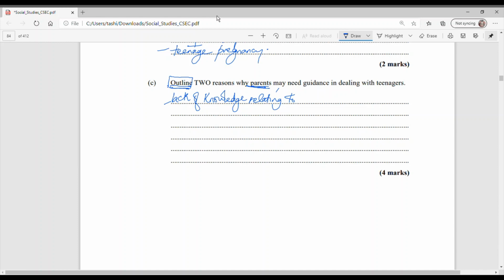So lack of knowledge relating to raising teenagers, or lack of knowledge relating to issues relating to teenagers. So they may just not know what is going on because they do not have any knowledge about it. So lack of knowledge relating to issues facing teenagers.